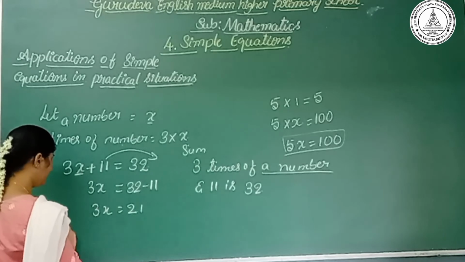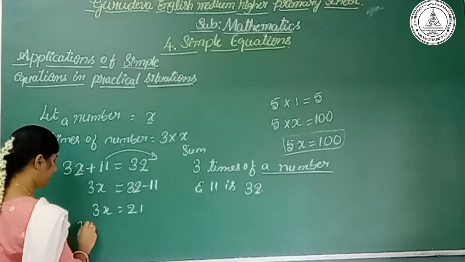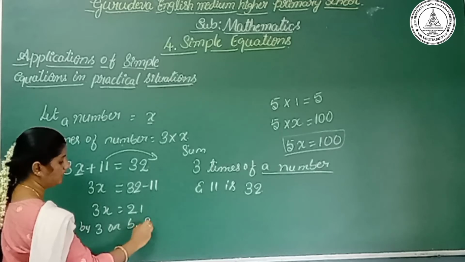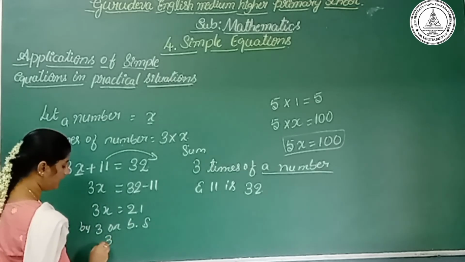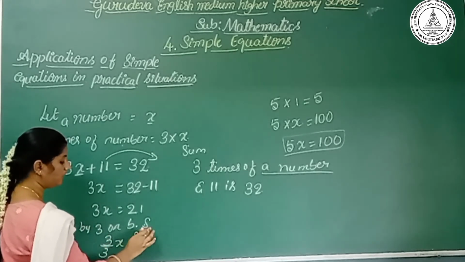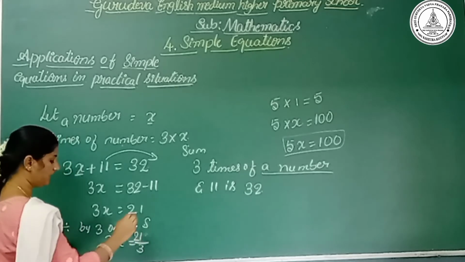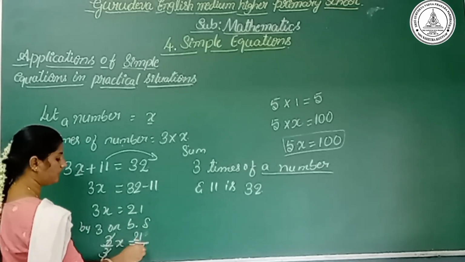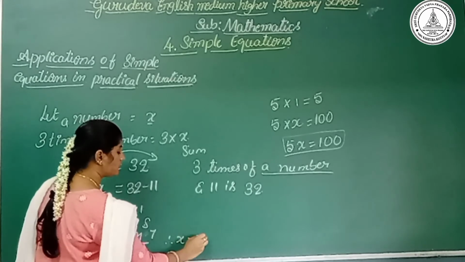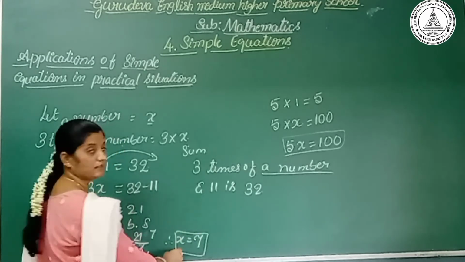Now divide by 3 on both sides: 3 divided by 3 into x is equal to 21 divided by 3. Simplifying, 3 ones are 3, and 3 sevens are 21. Therefore the value of x is equal to 7.